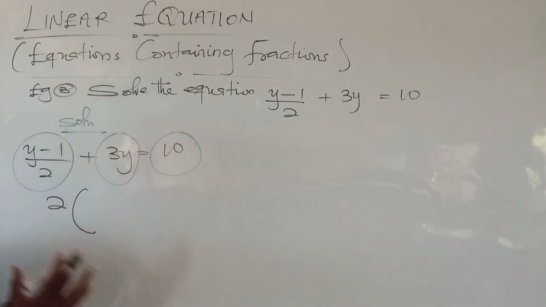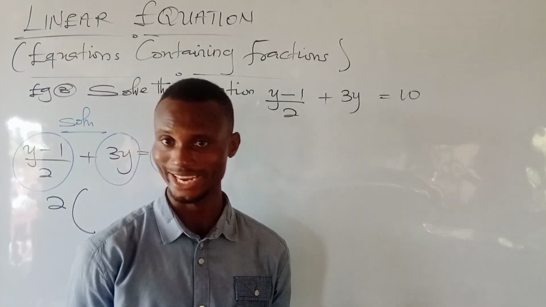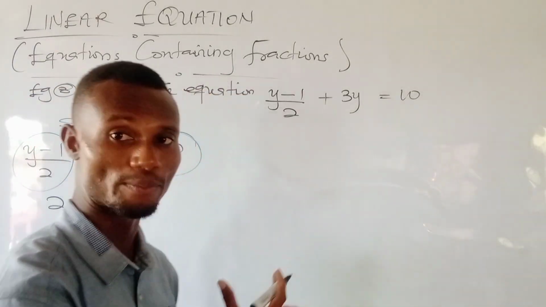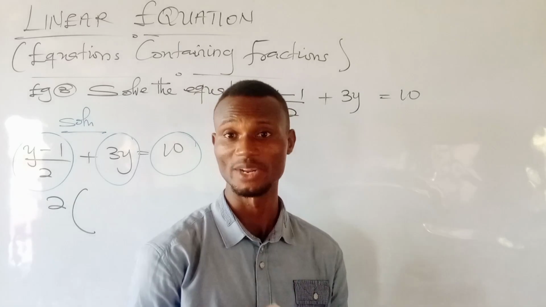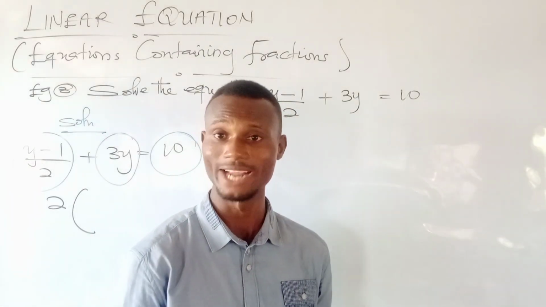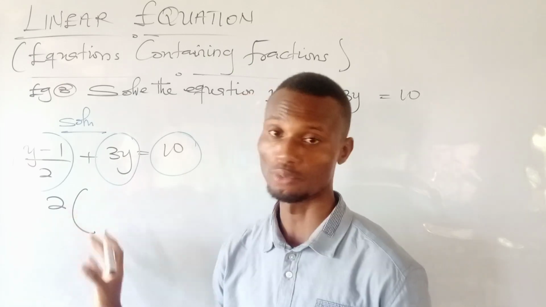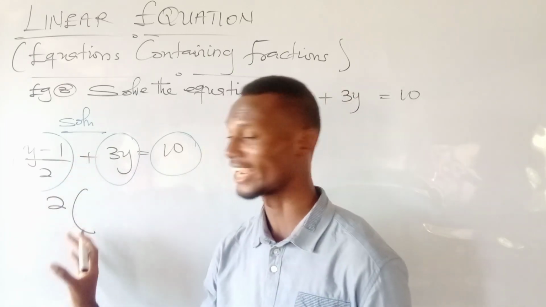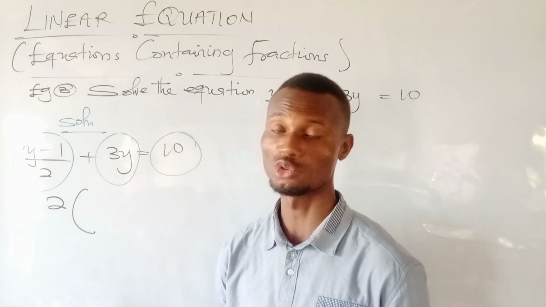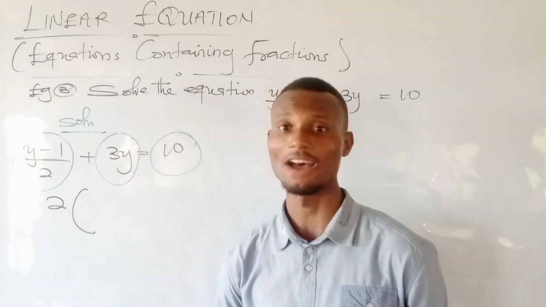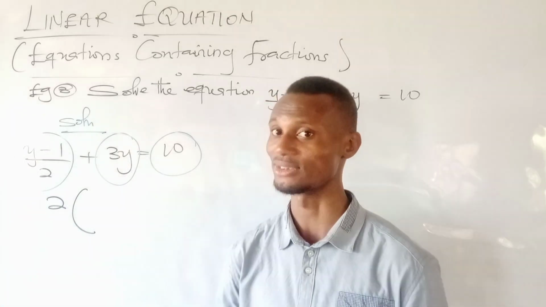I've advised you to use brackets. I prefer using brackets because I explained in the previous videos why we should use them, so that you don't make simple mistakes. Using the brackets will help you avoid those mistakes, which I explained in detail in the first video.